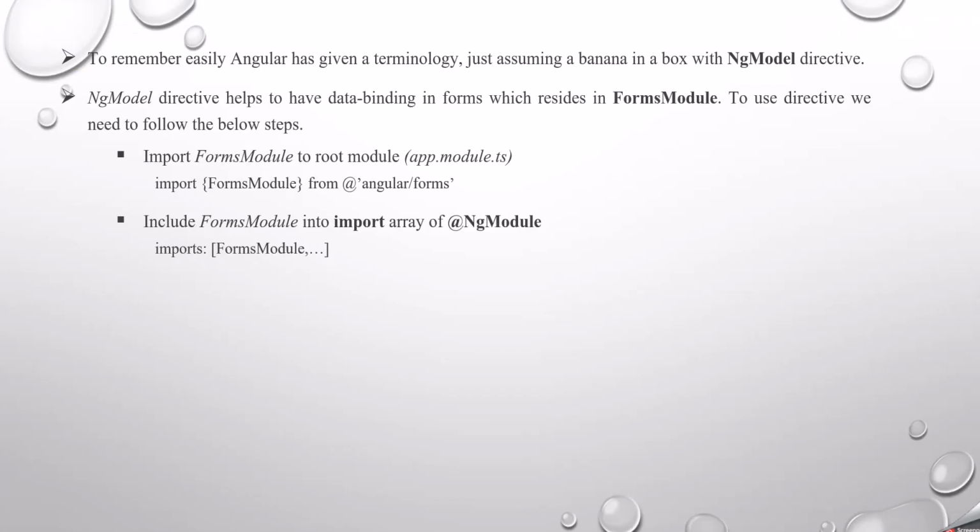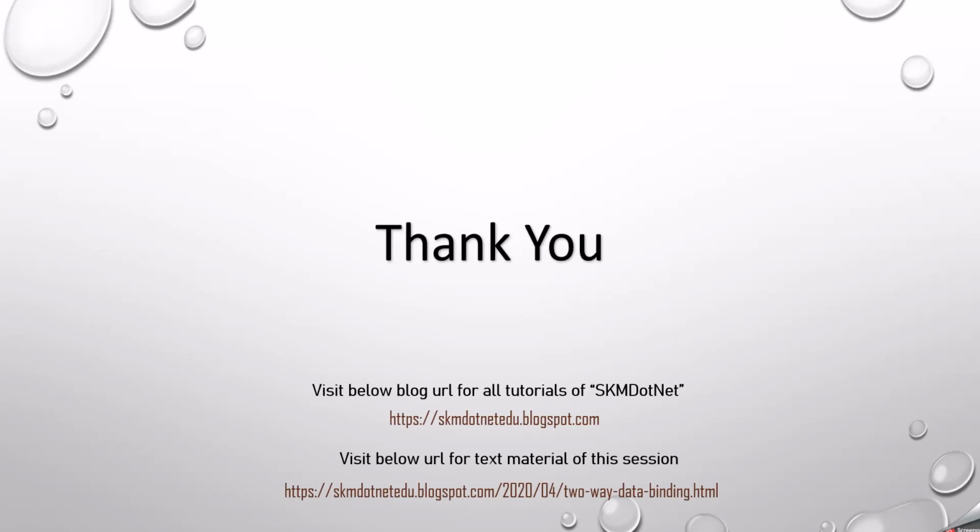With Angular forms you can bind it, get the data, and save it to the database or through an API call. Again, we are going to discuss the API call at a later stage. So that is all about how two-way data binding works. Here you can see how we have discussed and explored two-way data binding.